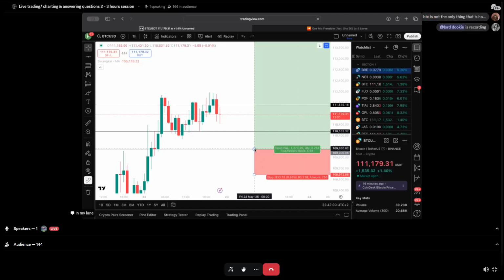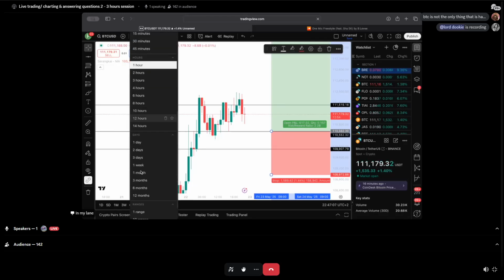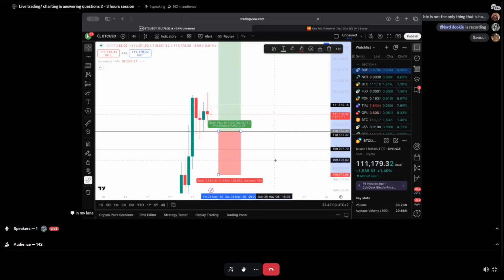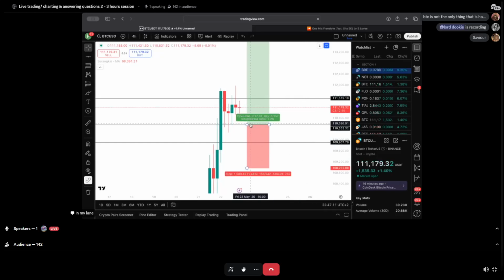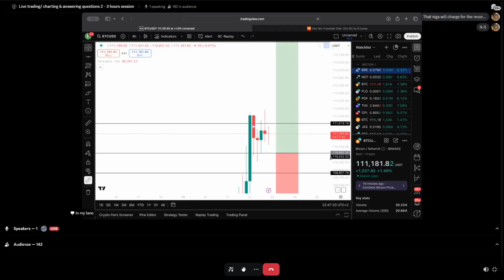If you want a safer trade, you can move your entry up here, but you're going to have to wait for the 4H candle to close above first, then you can take it. So it will go down a bit. If it reclaims this level, then you can long it.